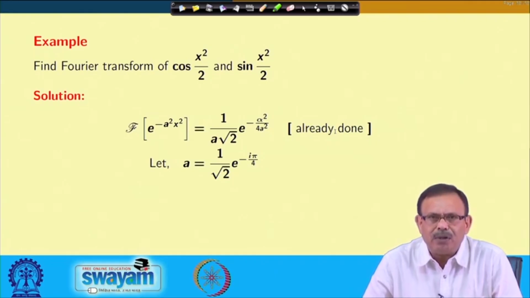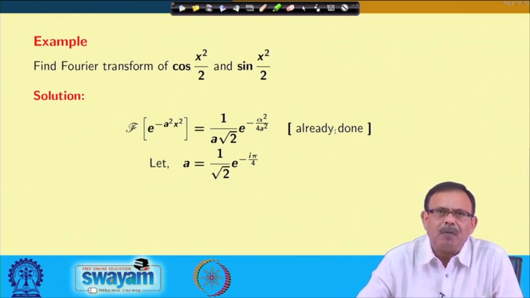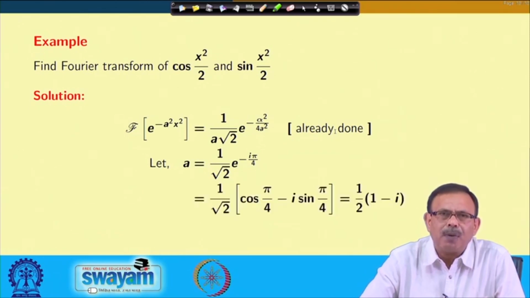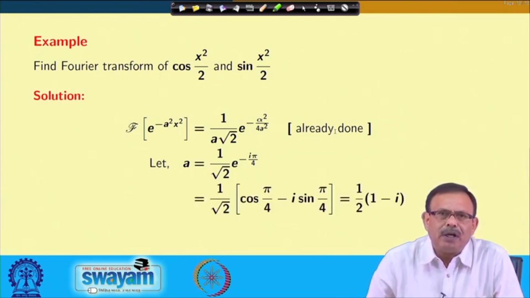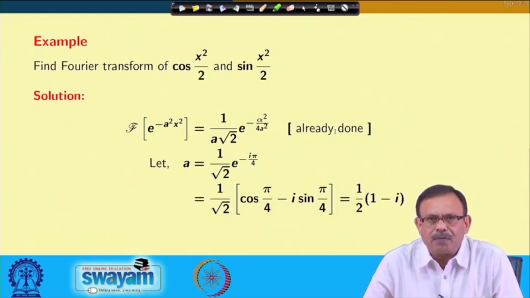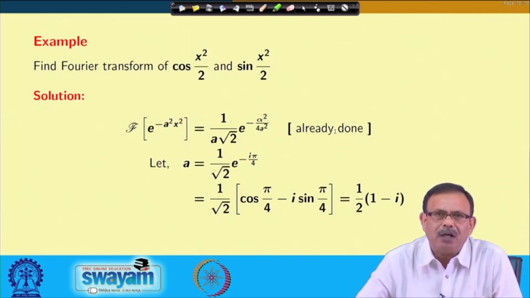So, from the back calculation you can tell that I am considering a equals 1 by root 2 into e power minus i pi by 4, which, if I expand it in terms of cos and sin, and substitute the value of cos pi by 4 and sin pi by 4, I will obtain half into 1 minus i.